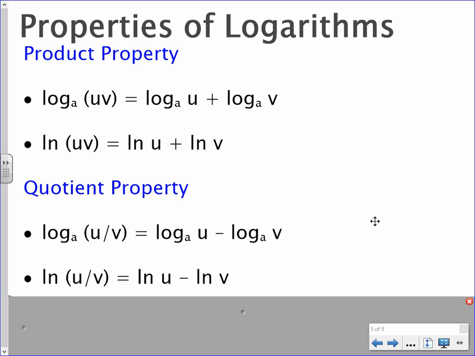So if there's multiplication inside of our logarithm, we can break it apart using addition. If there's division, then we can use subtraction.